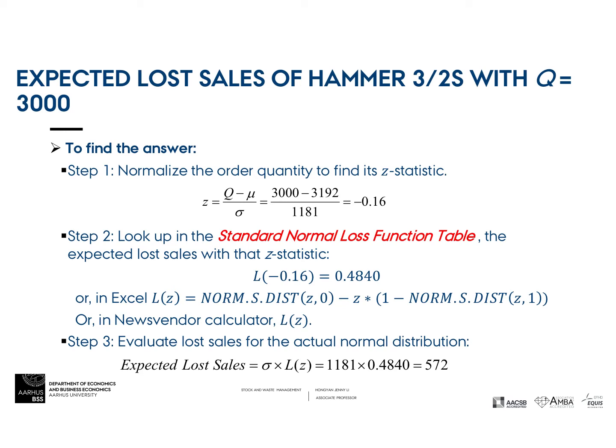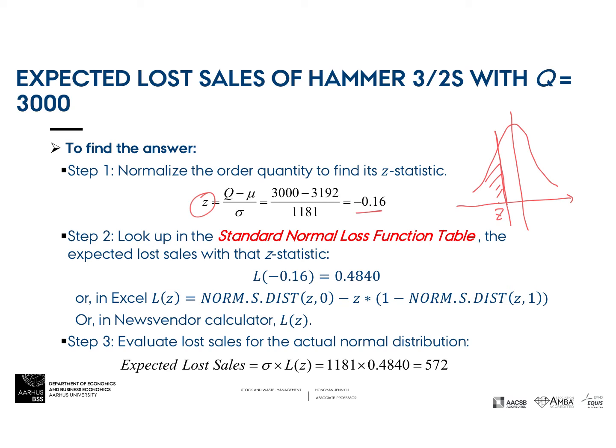First, again, you need to find the zeta statistic for your order quantity of 3,000 units. So you're now located in this normal distribution, in the negative values, somewhere here, and this is the zeta statistic you found.